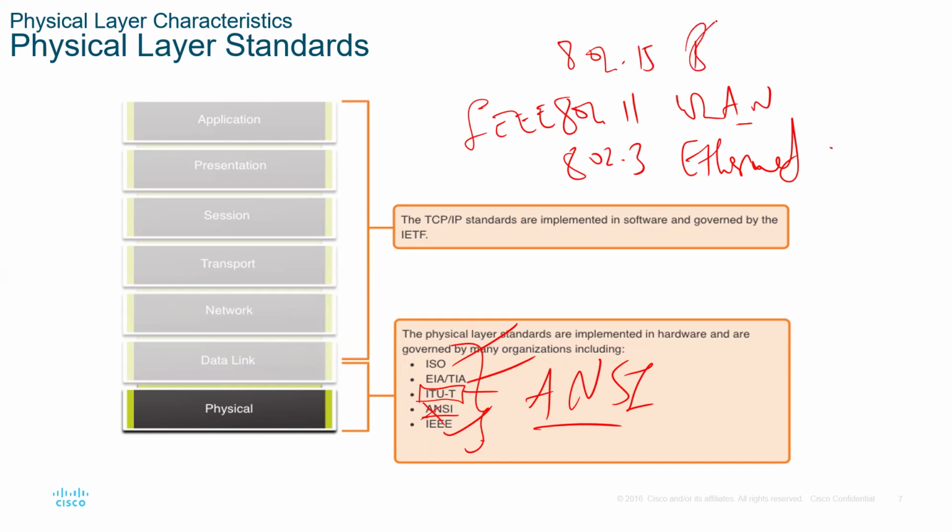I think this one is Bluetooth. Should be. So Bluetooth is a standard developed by IEEE, right? Physical layer standards. So all these standards that we are discussing, and the governing organizations that are responsible for those standards, they belong in the physical layer.